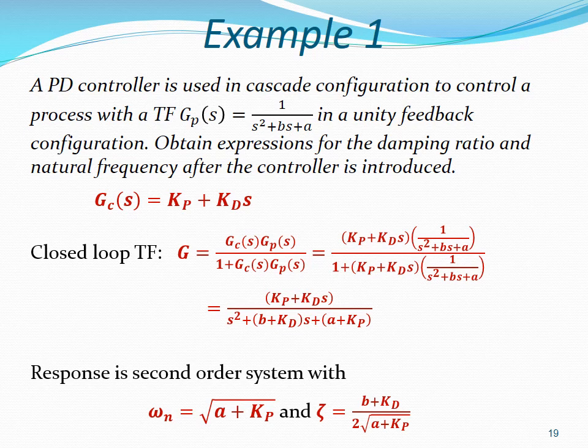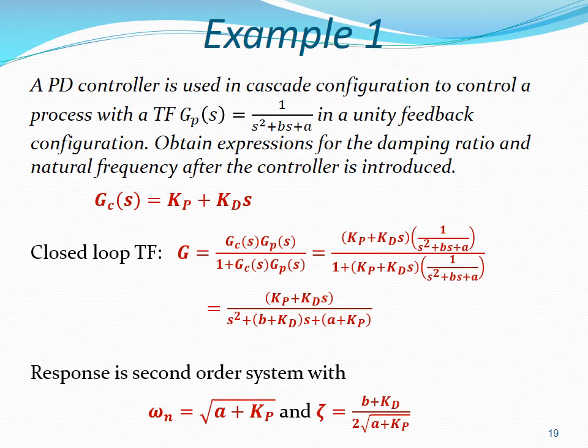The response is observed to be the response of a second order system. By inspection, the undamped natural frequency omega_n equals the square root of (A + Kp), and the damping ratio zeta equals (B + Kd) over 2 times the square root of (A + Kp).